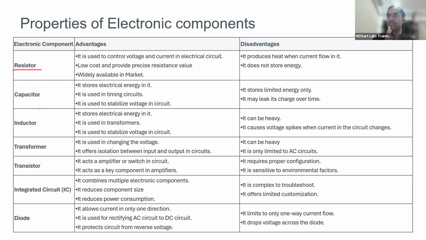It makes the current smaller. And you can build resistors in, let's say, 20 different ways. There are surface resistors, integrated resistors, NTCs, thermistors.